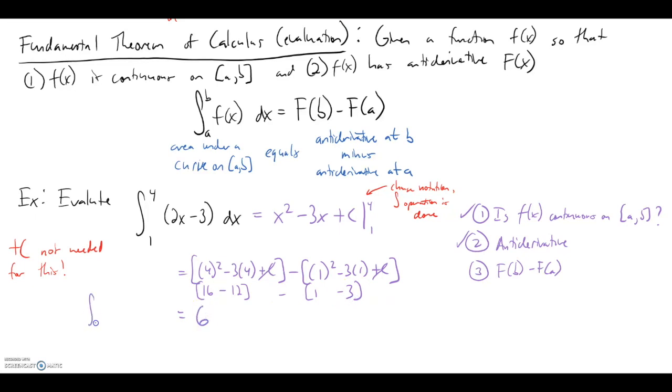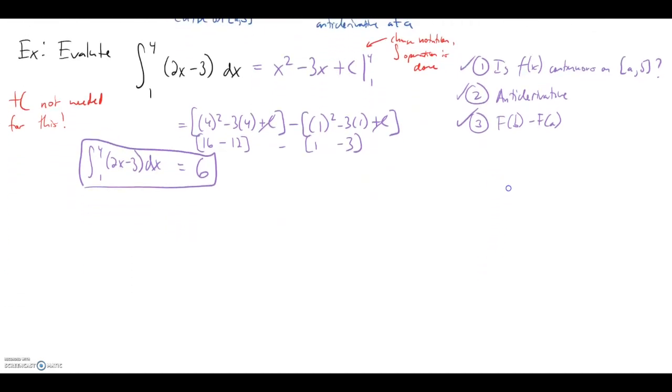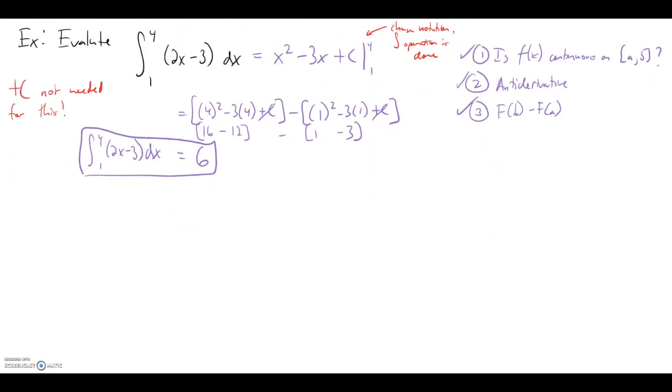The definite integral from 1 to 4 for the function 2x minus 3 with respect to x is exactly equal to 6. So not only much quicker than Riemann sums, it doesn't provide an approximation, it provides an exact value, which we would always prefer to use.